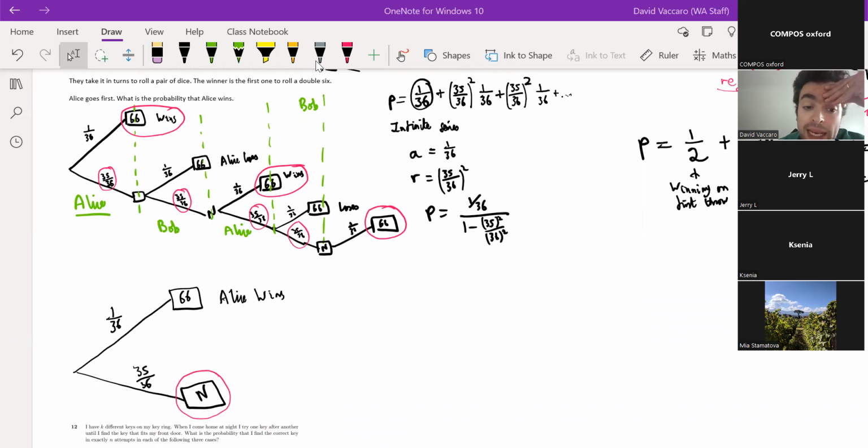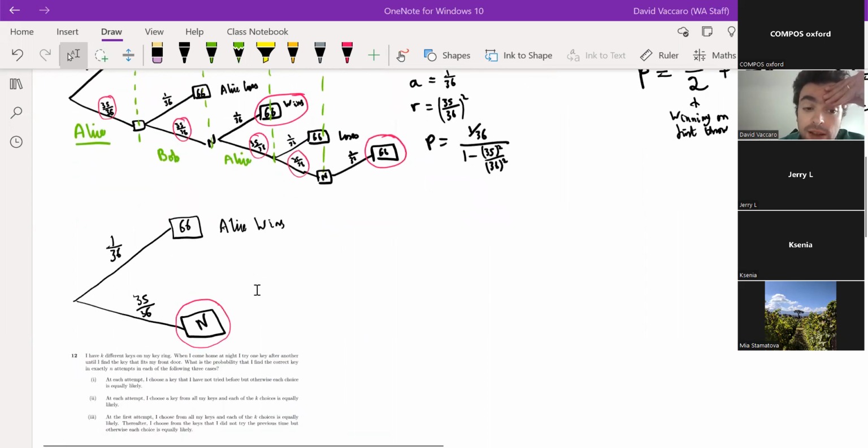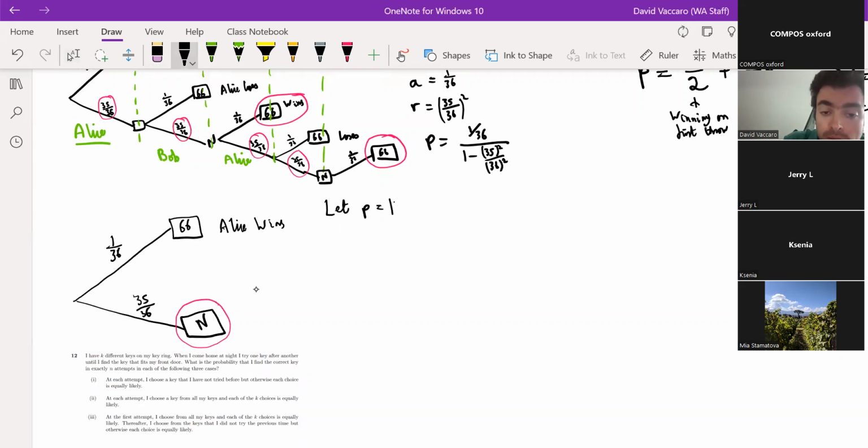Thomas has said that if Alice fails to roll a double 6, then the game begins again as if Bob was starting. So let P be the probability that Alice wins. So 1 minus P is the probability that Bob wins.